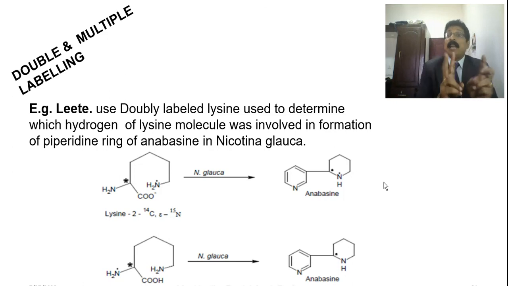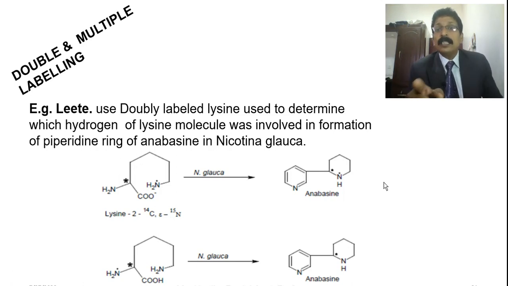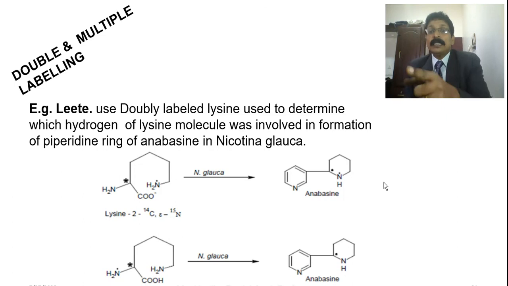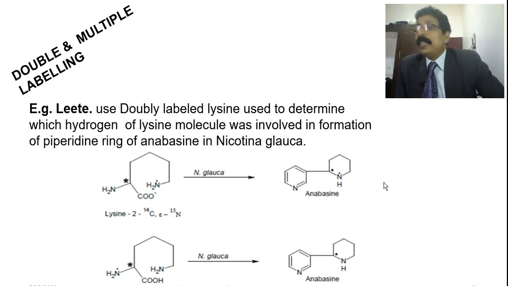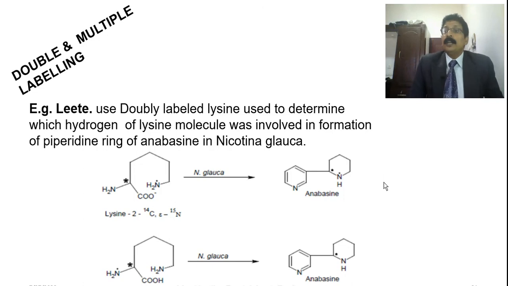So this lysine is labeled with two isotopes, one nitrogen and one carbon. And when the product anabasine comes, you can see the dots. The nitrogen is not seen, there is no dot in the pyridine structure. You can see the two dots in the piperidine structure. Can you see it please? Did you observe this in the product anabasine?